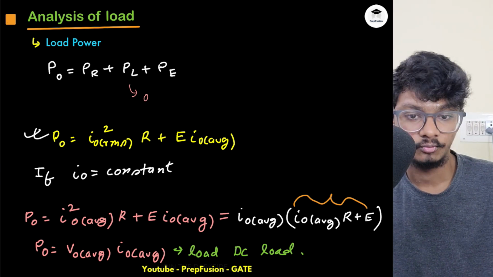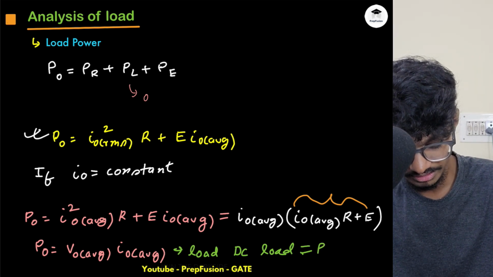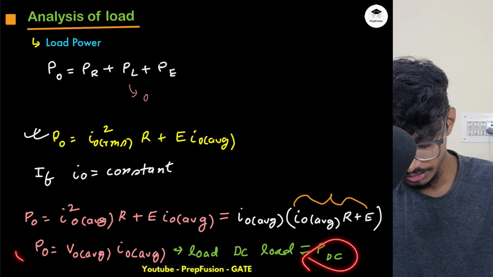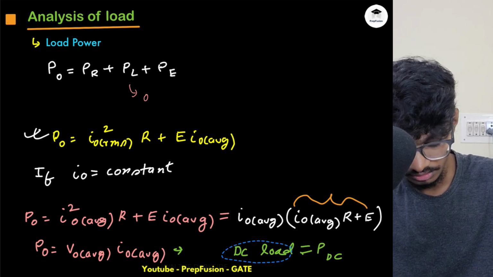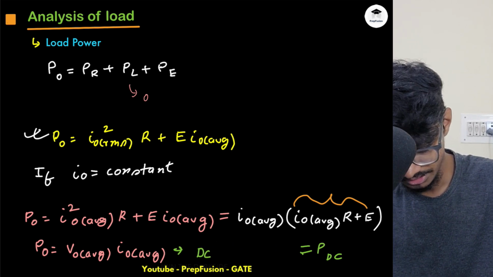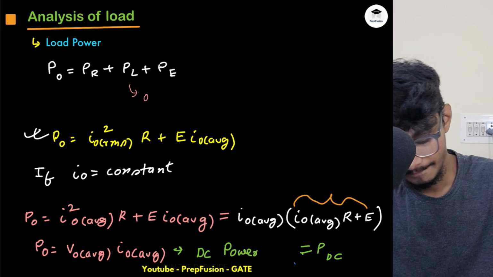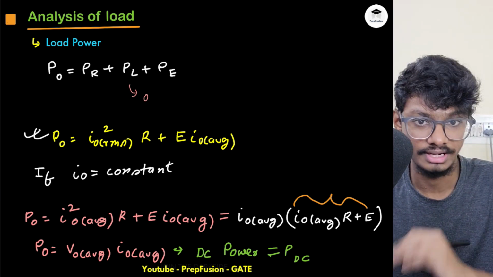The advantage is that this equals my PDC as well. So my PO equals PDC. Sorry, not DC load, I mean DC power. Whatever power I am getting is totally DC.